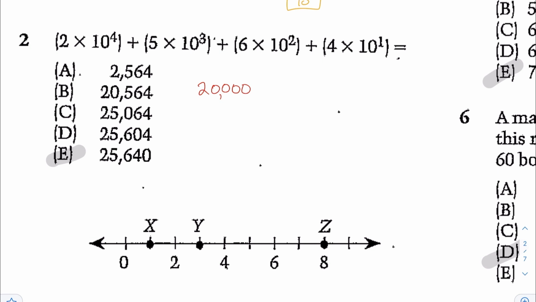The 5 is in the thousands place. Next up, the 6 is in the hundreds place. And then the 4 is in the tens place. So if you add everything up, you'll have 25,640, or choice E.